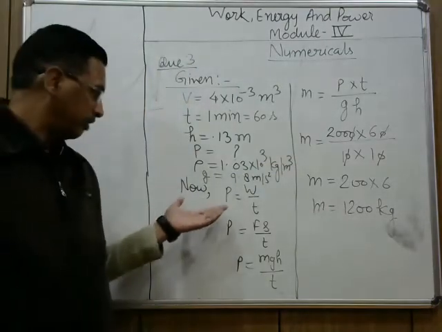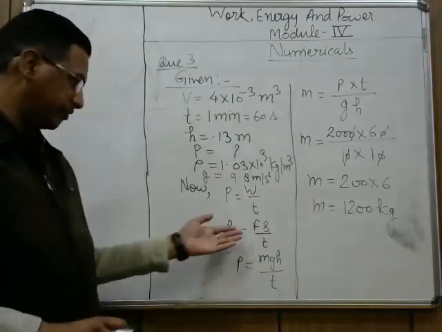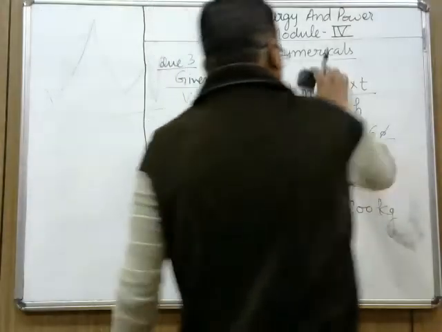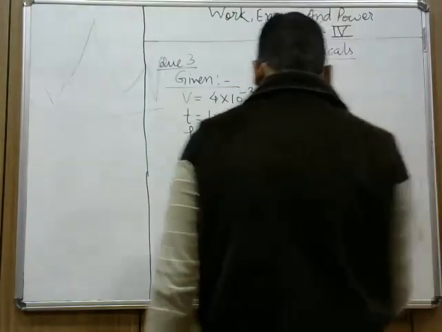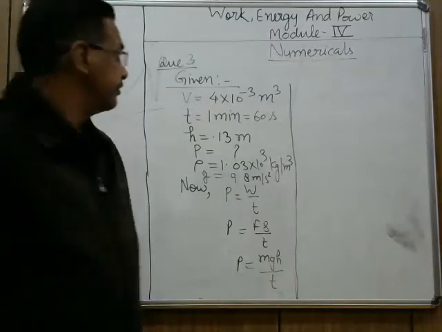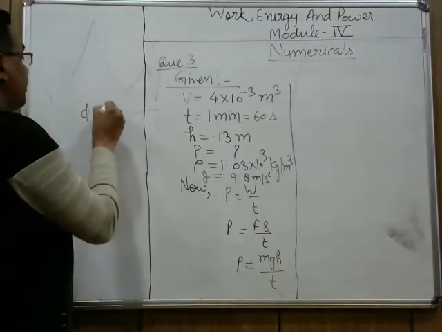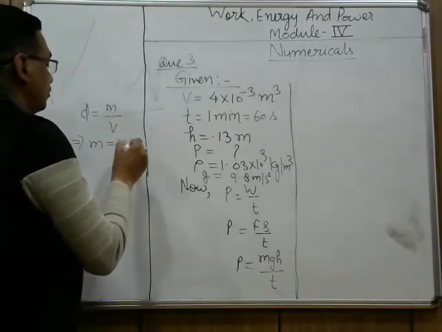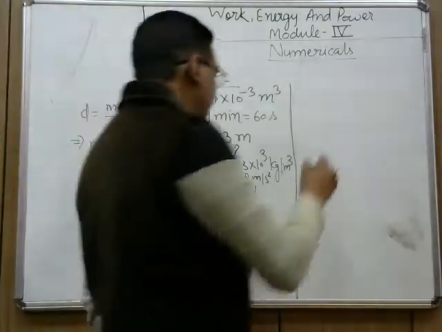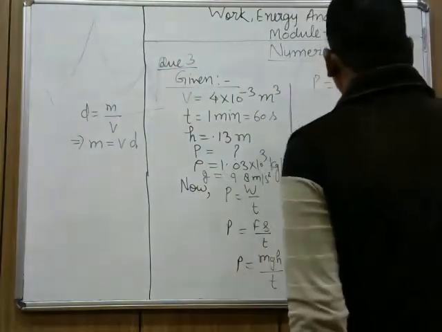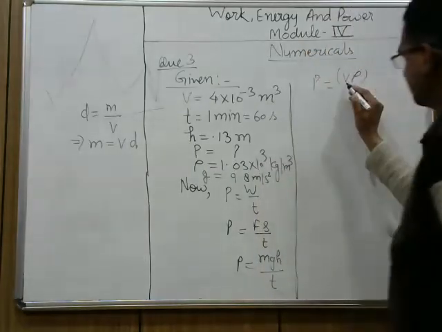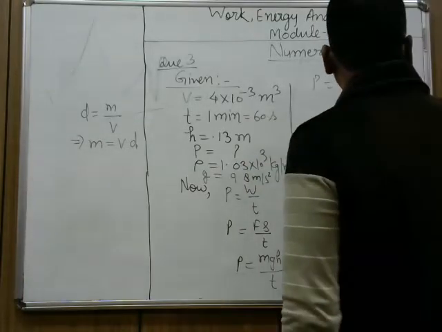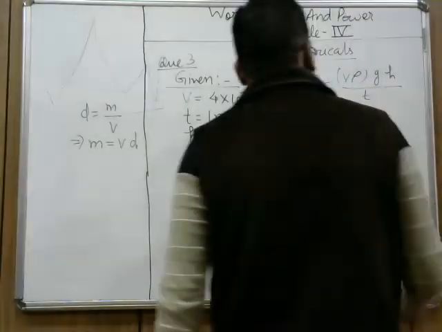Now again, power equals work upon time, P equals Fs upon t, P equals mgh upon t. Since we know density equals mass upon volume, from this mass will be volume into density. So here we can write in place of mass, volume into rho. P equals V, the volume, rho the density, into g into h upon t.